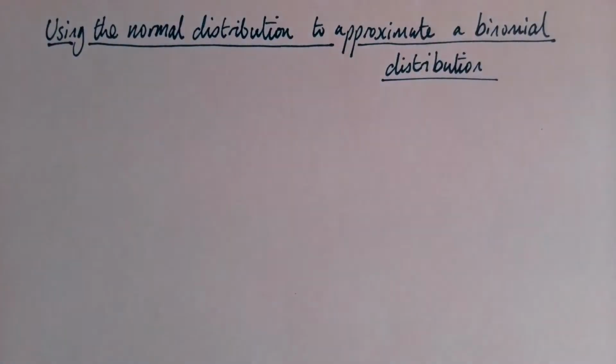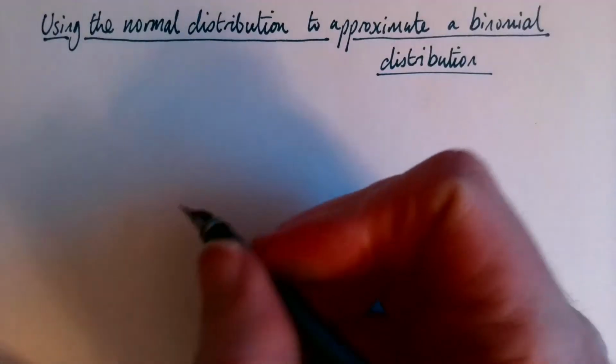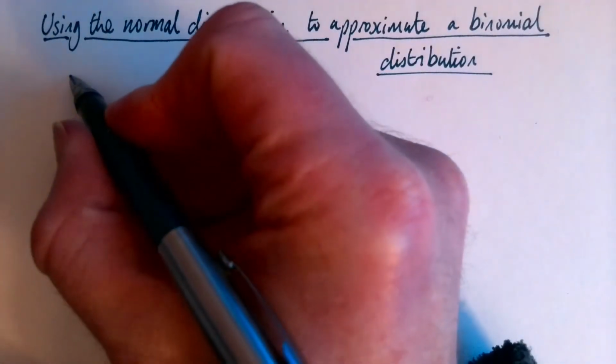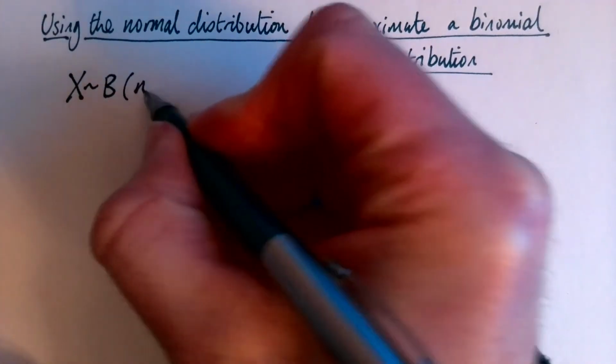Now in the calculator you can do more than 50, but we need to be able to do this as well. And it will be useful for other things too. But that's the main point of it. So if we've got our binomial distribution, let's just remember what that looks like.